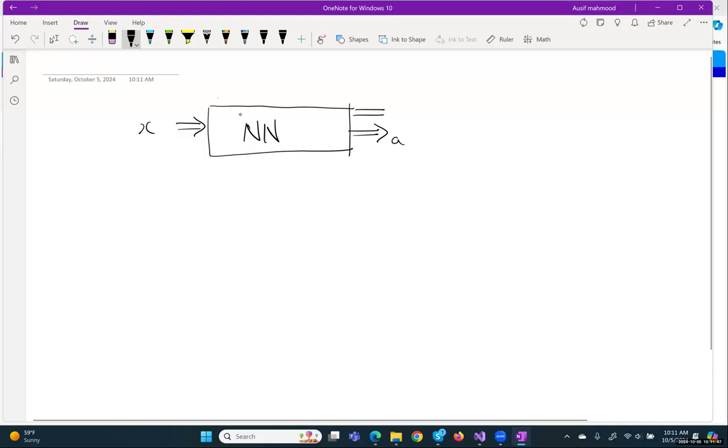Then from the training data, see, the training data is always pairs, X and Y. So X is the input and Y is the expected output. So once the neural network produces an output A based on the input X, from the training data, we will also give it Y. Then this will be passed to what we call a loss function.